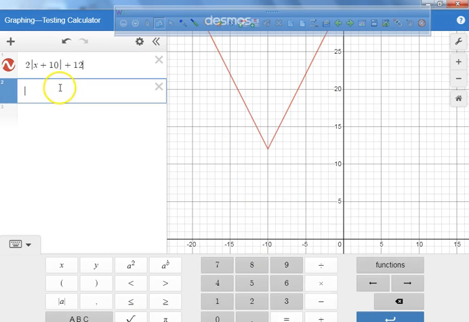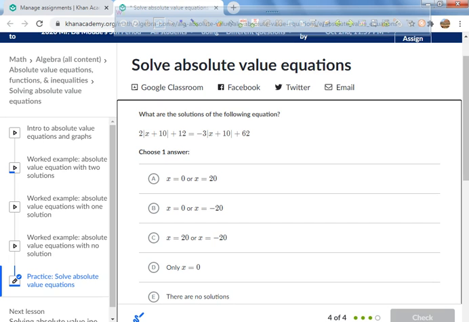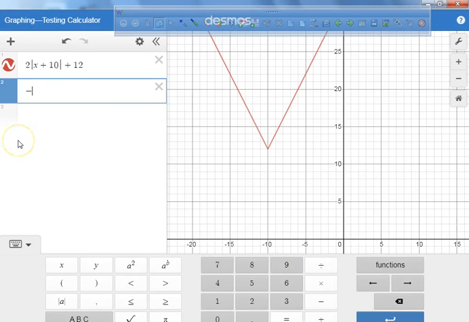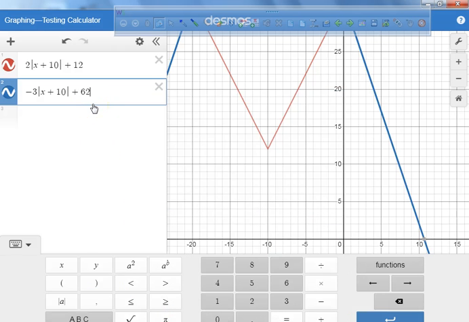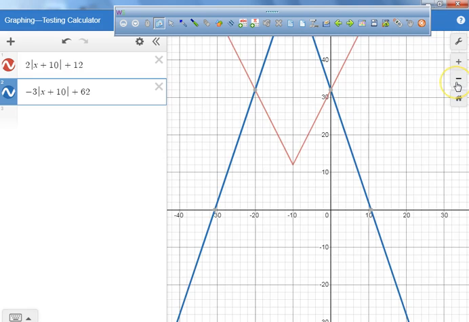And then over here we had negative 3 times the absolute value of x plus 10. But then, hold on, wait for it, there was a what? Plus 62.